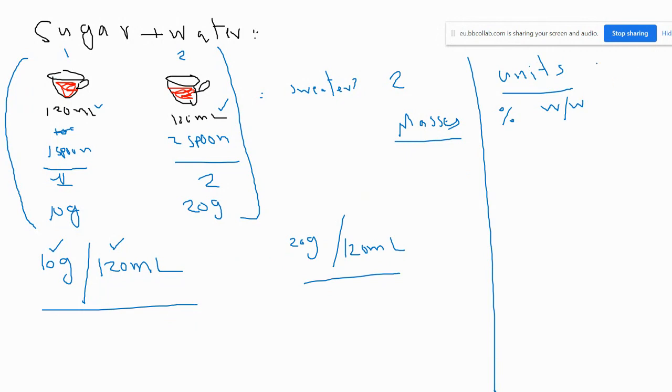W actually stands for weight. One thing I want to tell you here is that in chemistry, weight is always equal to mass.